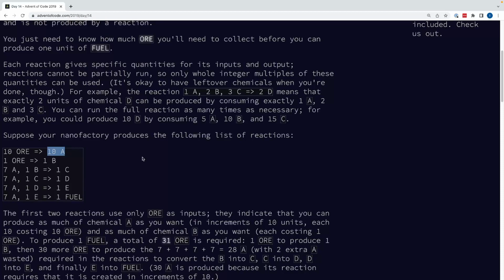So we have to run the reaction once, and we use the 7 A components that it produces, but then we have 3 left over. And, importantly, we can use those 3 leftover A components as a surplus in future reactions. So you need some good way to account for that.